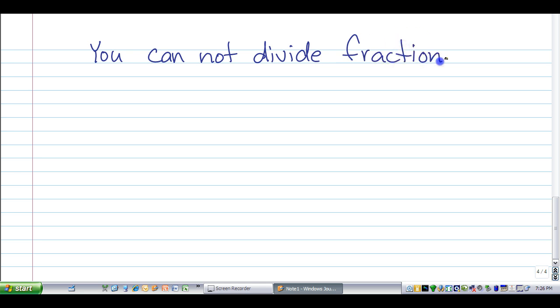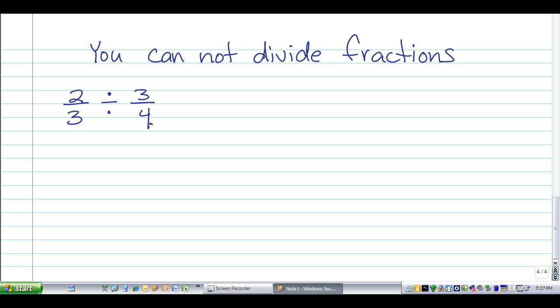Okay, so when I said before, you cannot divide fractions. Let's write that again. You cannot divide fractions. So what do you do? If I have 2/3 and I want to divide that by 3/4, what do I do?